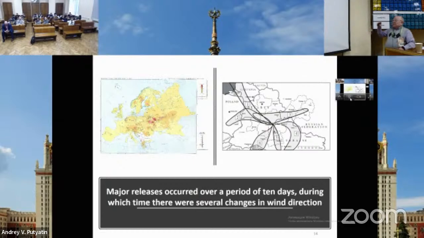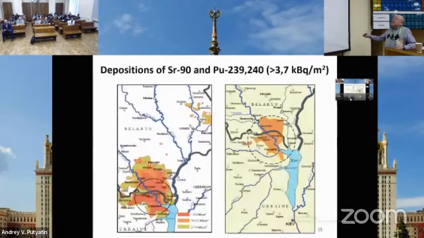Therefore, precipitation accelerates the washout of radionuclides from the atmosphere and sometimes creates specific hotspots, like the Tula hotspot in Russia, or hotspots in Germany, Austria, Italy, and even the UK, which are explained by the precipitation during those days.